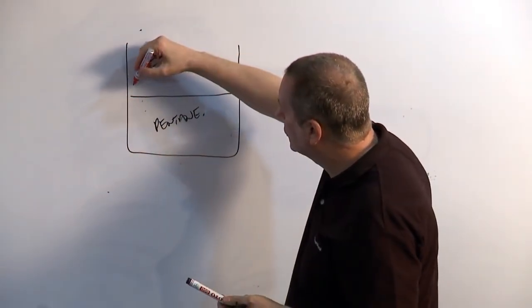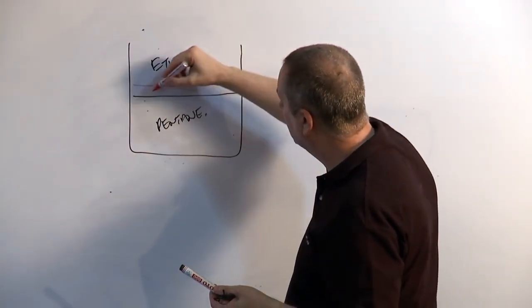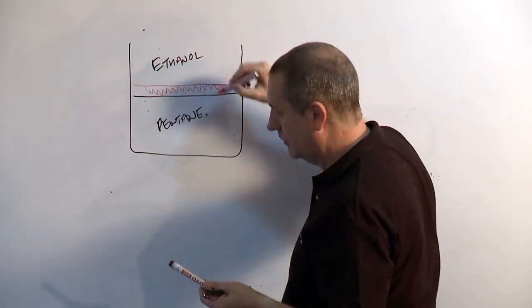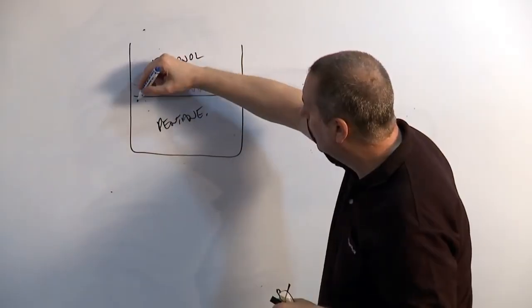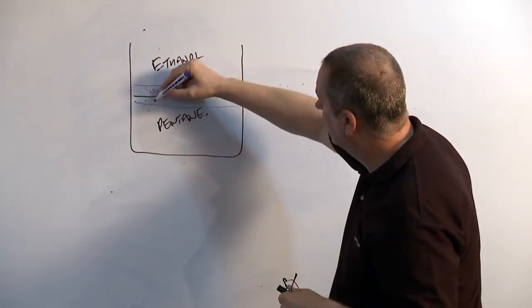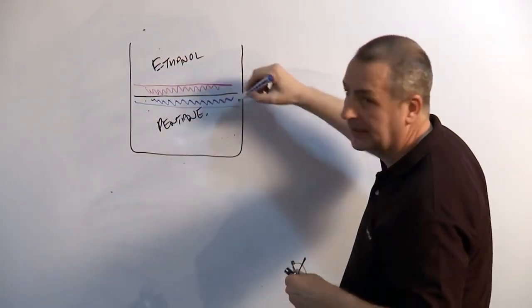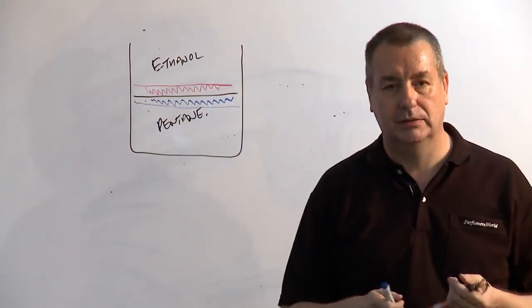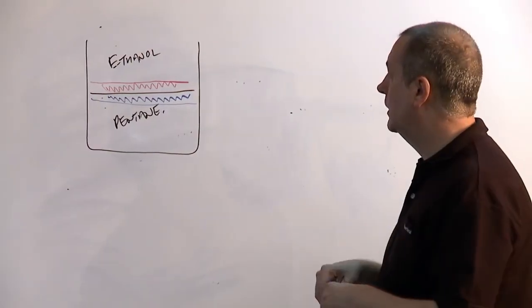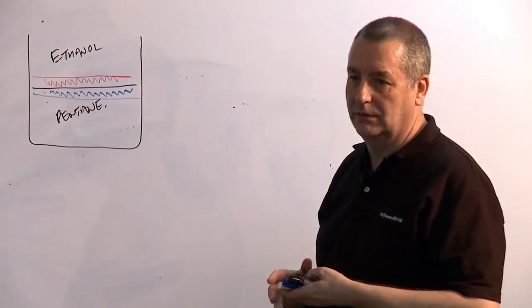Some of the essential oil dissolves in the ethanol, and another part of the essential oil dissolves in the pentane. And so we can separate individual components. That's called selective solvent extraction.